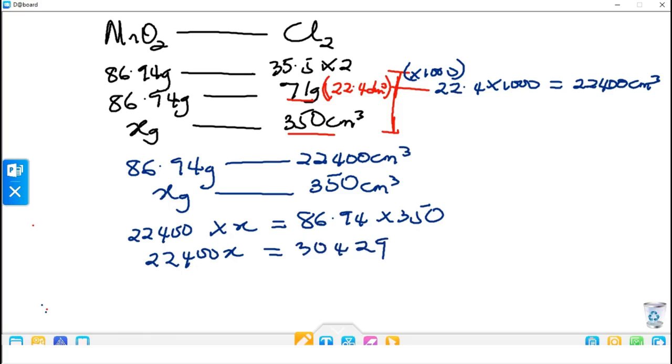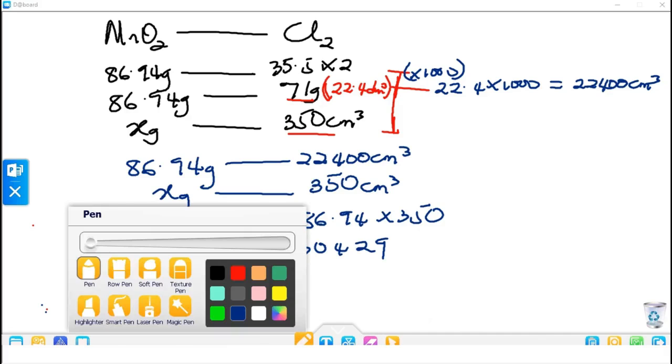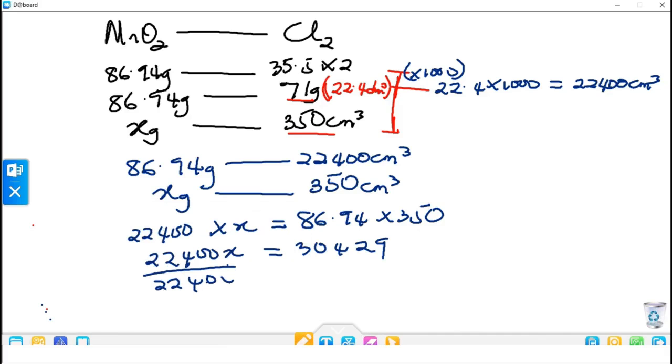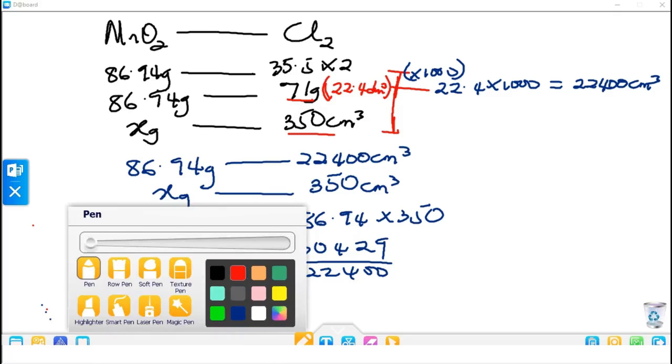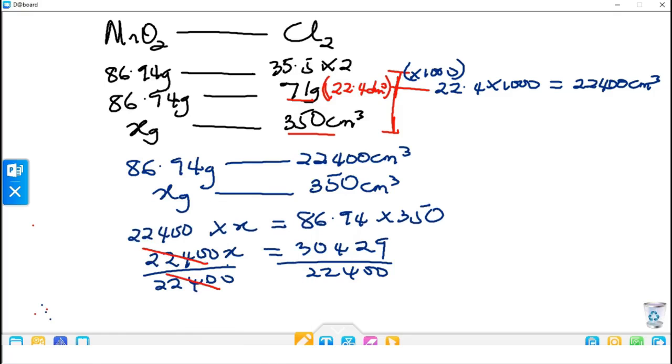So our x will be found by dividing both sides by 22,400. This can take care of this, and our x will become 30,429 divided by 22,400.